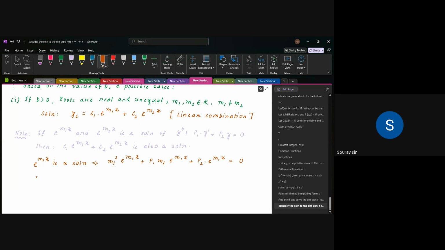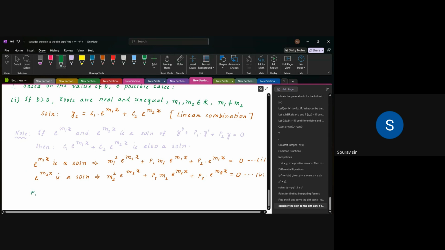Correct? Similarly, e raised to the power m2x is a solution, right? So that means m2 square e raised to the power m2x plus P1 times m2 e raised to the power m2x plus P2 times e raised to the power m2x is equal to 0, right? Let's say I call this my first solution and this my second solution.